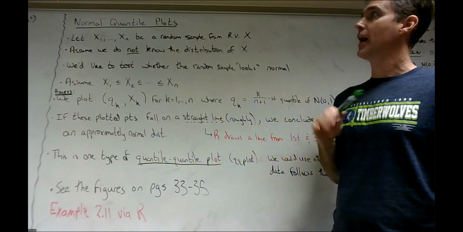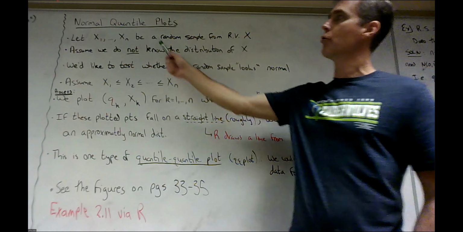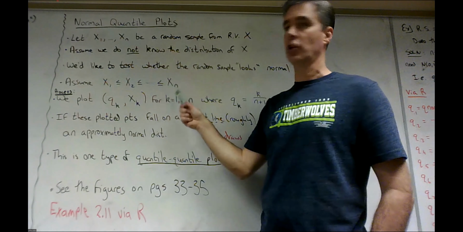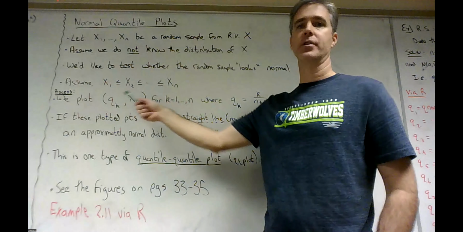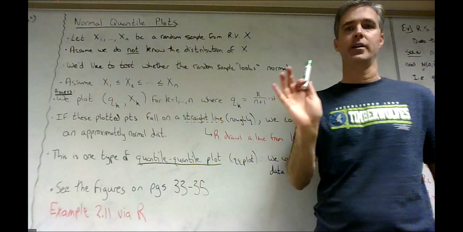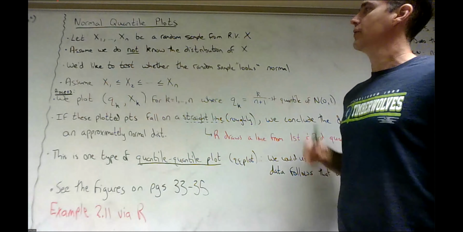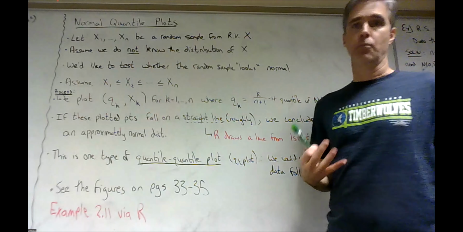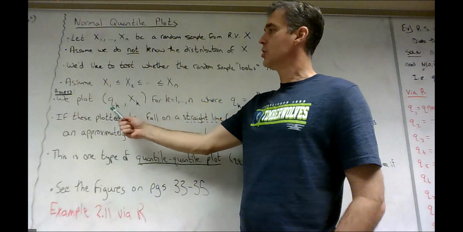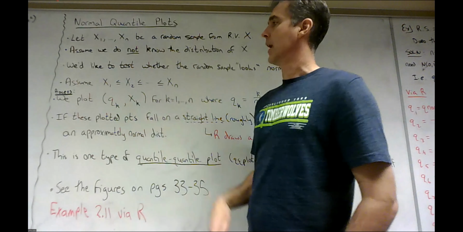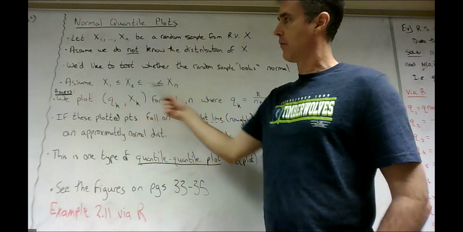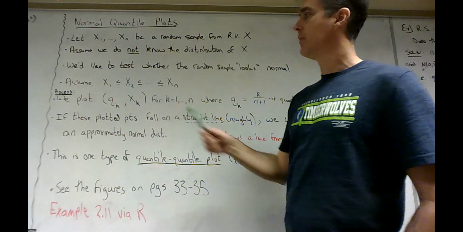For this, I'm going to assume that I've already ordered my data from smallest to largest. In the last video, I was renaming those as Y's, but let's just say you've done it. They're already from smallest to largest, okay? So how do we check if it looks normal? Well, we're going to plot some points. We're going to plot these Q sub k, X sub k. The X sub k are from our data, x1 up through xn.